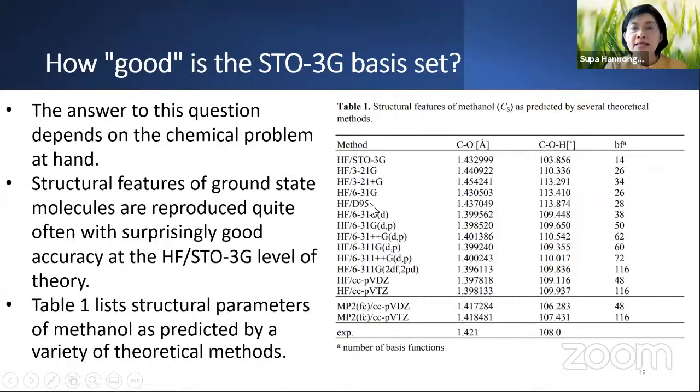And these are the higher levels of theory, more accurate, more CPU time, and providing polarization, diffuse functions, and so on, okay? And even MP2, which we will study next. The most important is here, the experimental data. For the CO bond, experimental says 1.421.